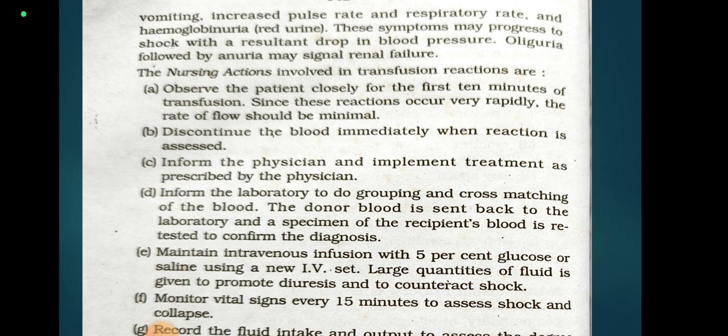Large quantities of fluid are given to promote diuresis and to counteract shock. Monitor vital signs every 15 minutes to assess shock and collapse. Record the fluid intake and output to assess the degree of kidney function. An indwelling catheter is put in to monitor the urinary output.